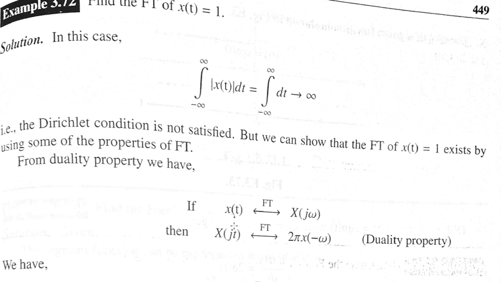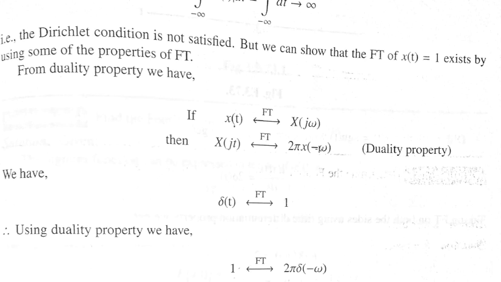If we exchange, with this x of j t we get x of minus omega. So the derivation of this property shows that x of j t is equal to 2 pi x of minus omega, by using the duality property. So we use the same here.